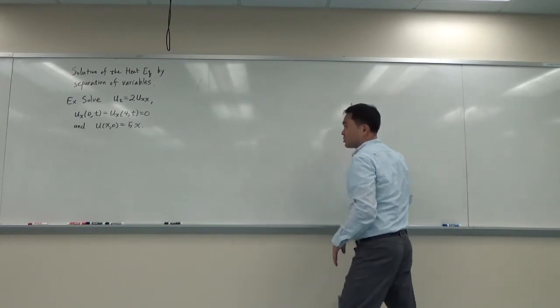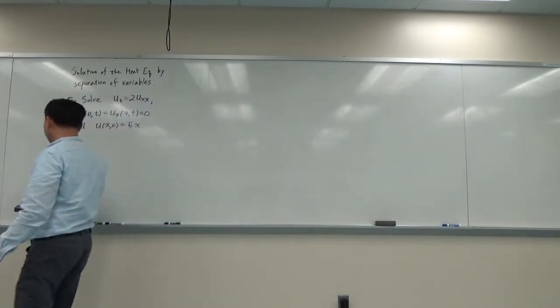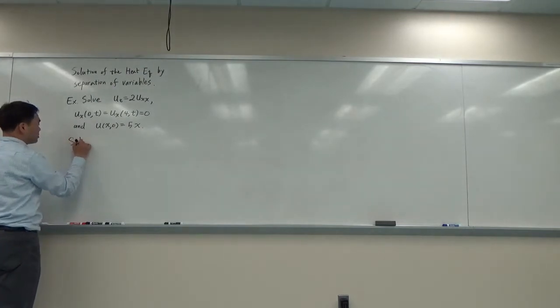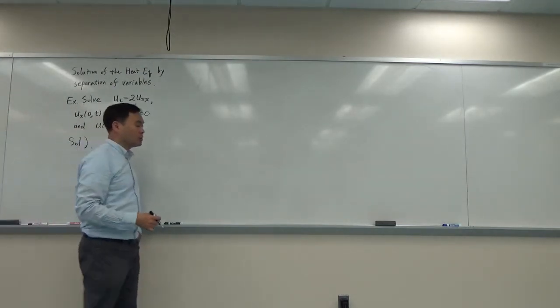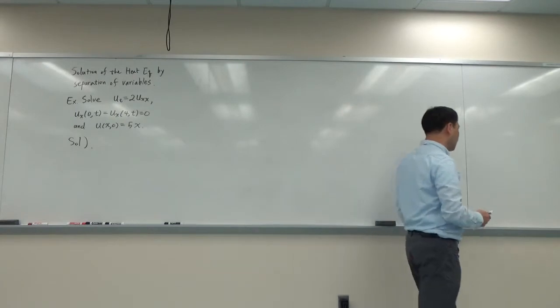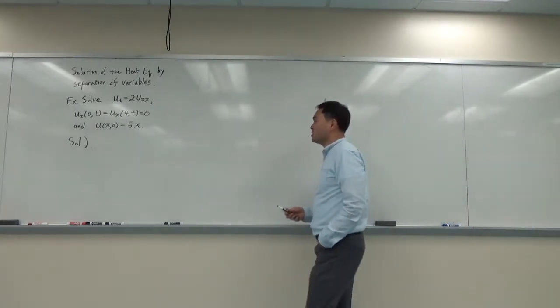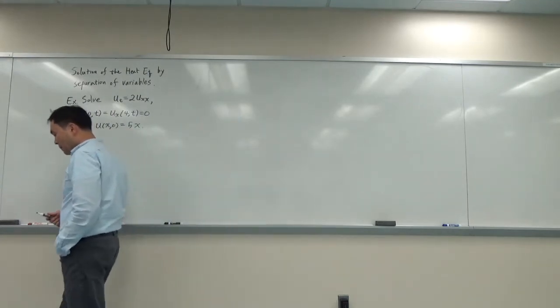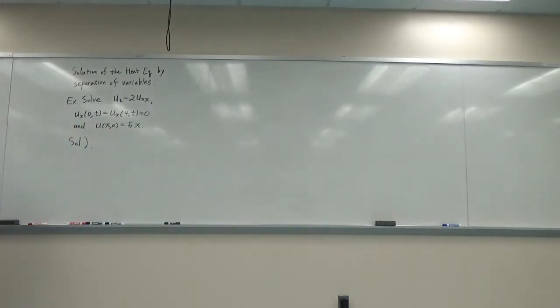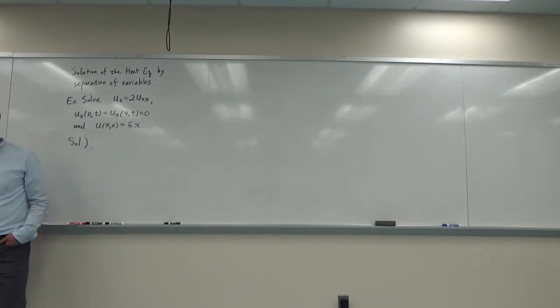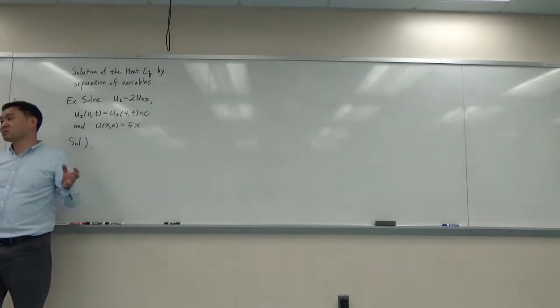Okay, so let's try to actually solve this. Solution. I think I've said this several times already, but let me say it again. We're really not trying to solve the differential equation. We're just trying to make a good guess, something that works.